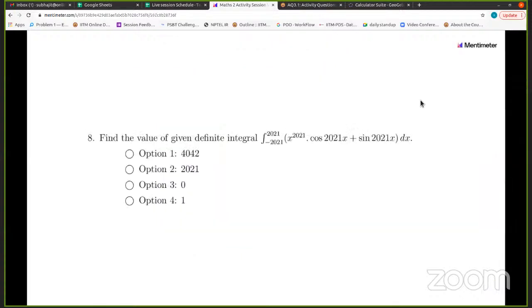This function, I think, is also from your activity question. You have to find the value of this integral, which is from minus 2021 to 2021.